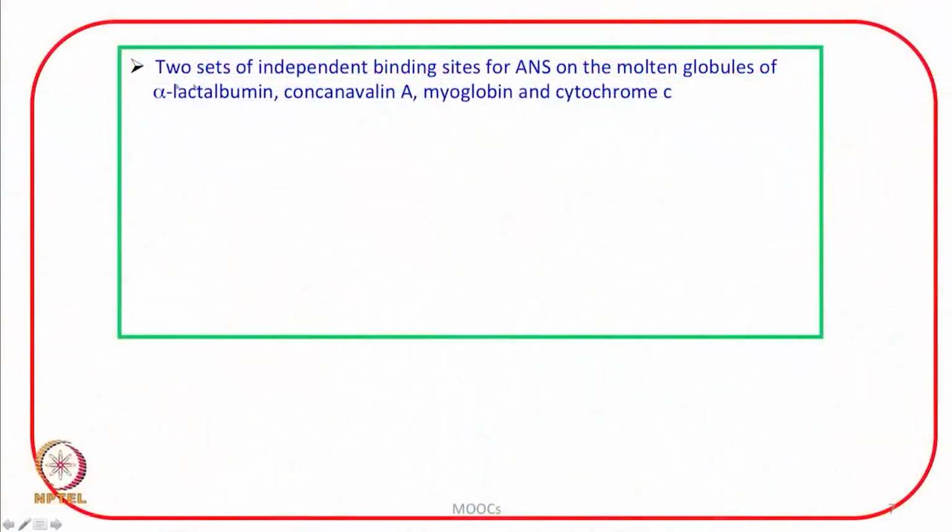Based upon the data obtained from literature on the binding of ANS with the molten globule states observed in alpha lactalbumin, concanavalin A, myoglobin, cytochrome C and a few other proteins, this comment is made: two sets of independent binding sites for ANS on molten globule states of alpha La, con A, myoglobin and cytochrome C have been observed.